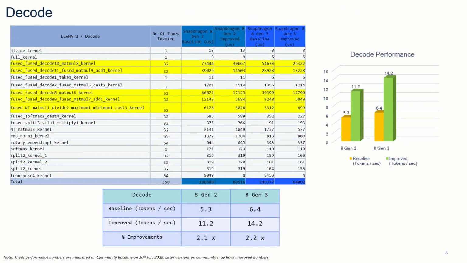So coming to the various optimizations that we have done with respect to enabling these models on Adreno GPU with OpenCL target, when you look at these workloads, there are two sub models in this. One is the encode and the other is the decode.